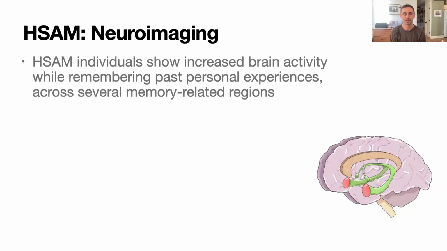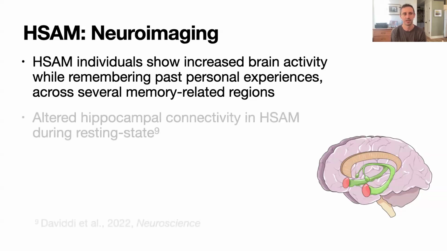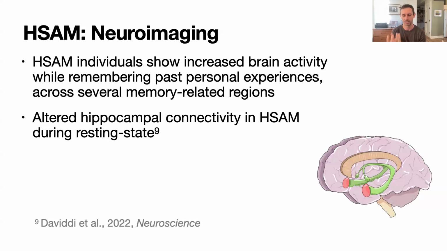Next, we thought about exploring the brain differences. So looking into a bit of the literature around previous neuroimaging research on HSAM. Past work has found that individuals with HSAM show increased patterns of connectivity within memory-related regions when they're remembering past events. And also resting state hippocampal connectivity was different in HSAM versus controls.